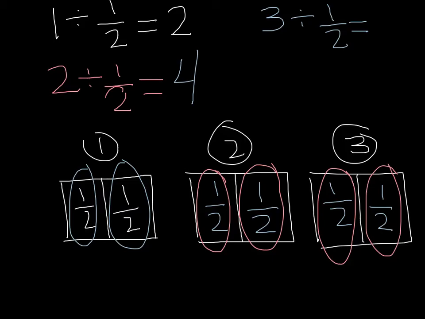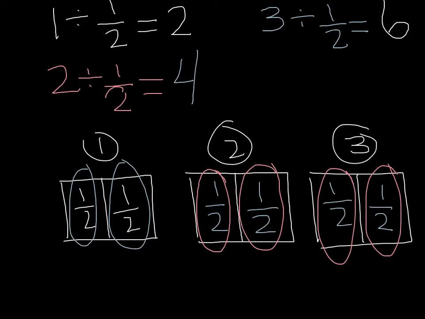Again, I added 2 more halves, so now the answer is 1, 2, 3, 4, 5, 6. So I have 6 groups of 1/2 in 3. As you can see, my answer is going up by 2 every time I add another whole. That's because there are 2 1/2 in one whole.